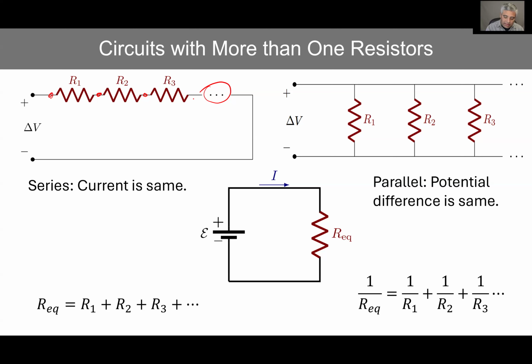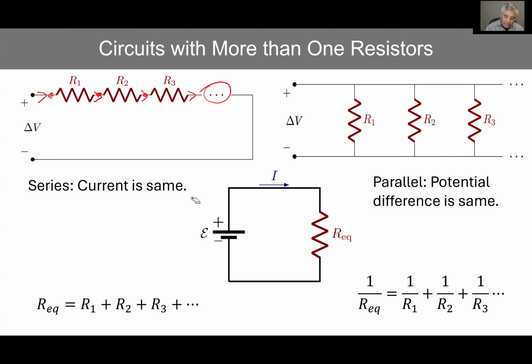This kind of connection is called series. When we have a series connection, whatever current starts here has no other way to go, so it's going to be there, there, there, and there. Same current. So series resistance means same current.